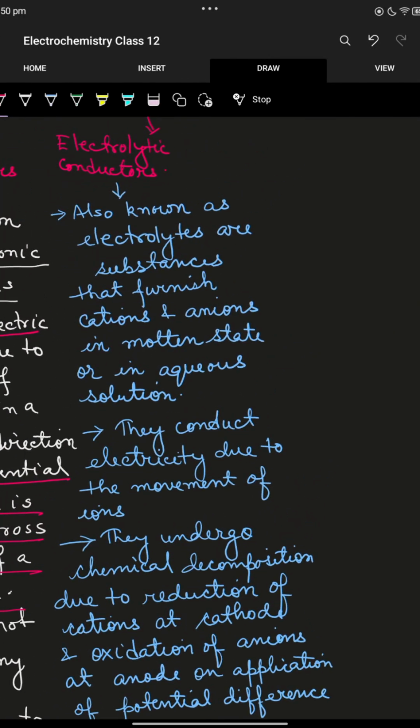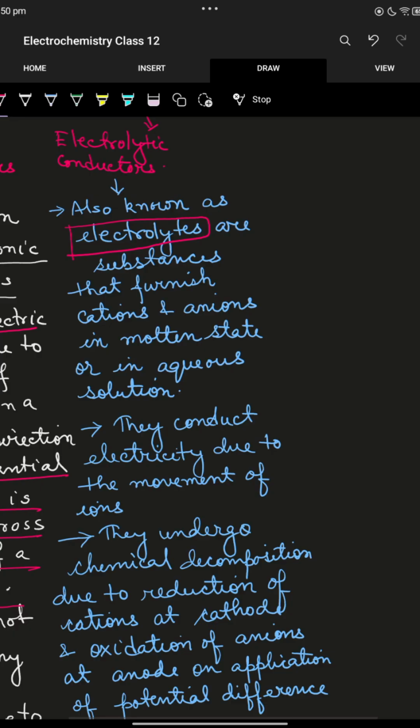Now, what happens in electrolytic conductor? Electrolytic conductors are also known as electrolytes. Why? Because they are those substances that dissociate into ions, cations and anions, in their molten or in aqueous solution state. They conduct electricity not due to the free electrons but due to the movement of ions.